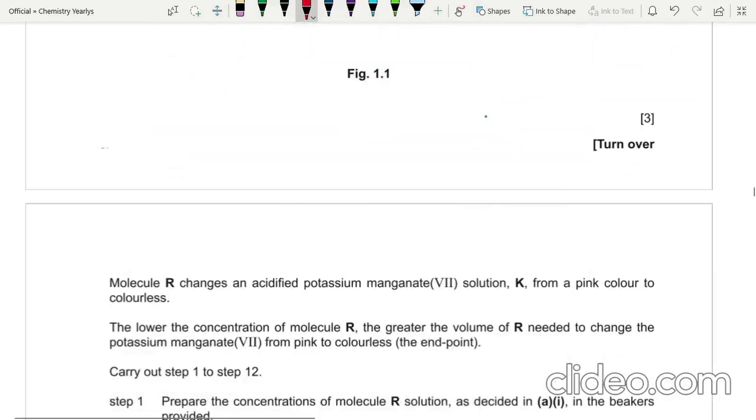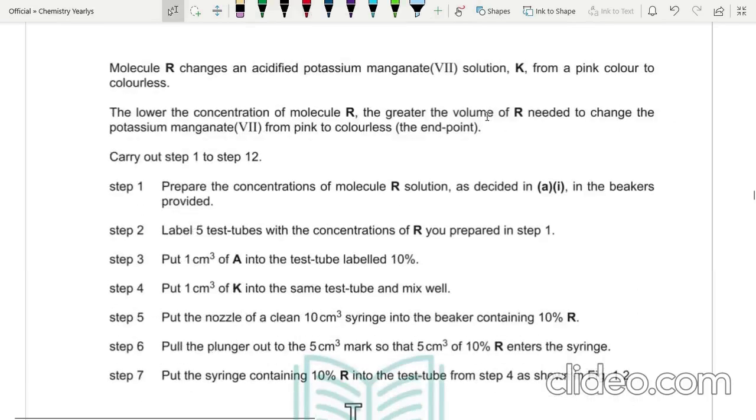Molecule R changes acidified potassium permanganate solution K from pink to colorless. The lower the concentration of molecule R, the greater the volume of R needed to change the potassium permanganate from pink to colorless. So they have actually told you the trend, that the lower the concentration of the molecule R, the greater the volume is actually required.